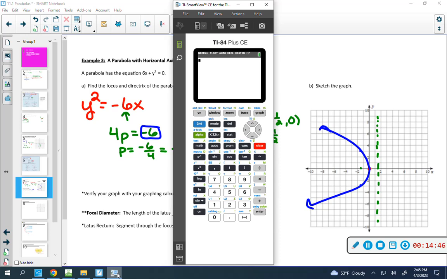To find it, if you go to apps, this apps key right here, you should have number 4, maybe, hopefully. I don't know, 4, conics. Do some of you have it? Yeah. Okay, some no. It depends on the mode. Okay, obviously we're on parabola, so I'm going to hit 4.